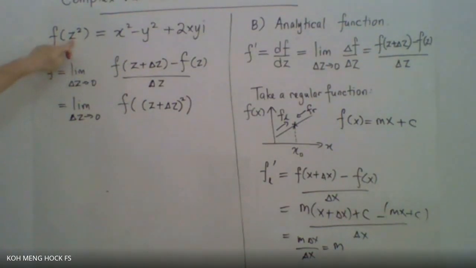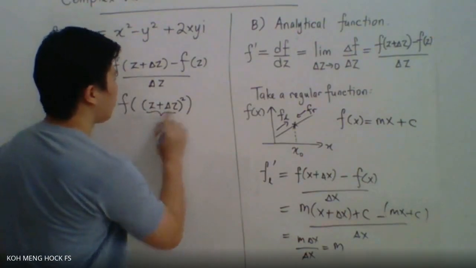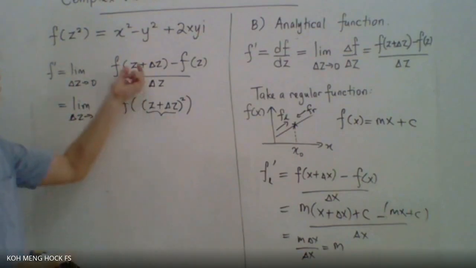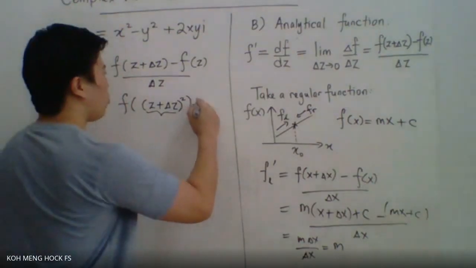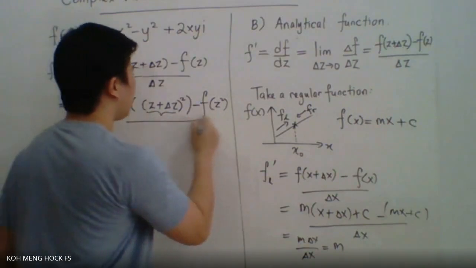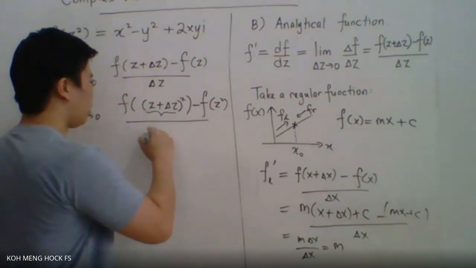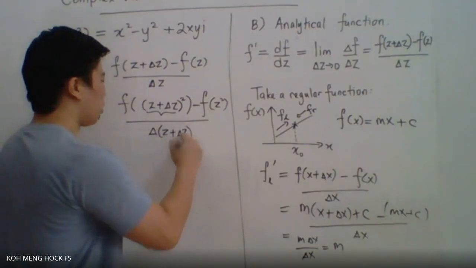So this whole thing is my z plus delta z here. And then here I have minus f(z) squared divided by delta z.